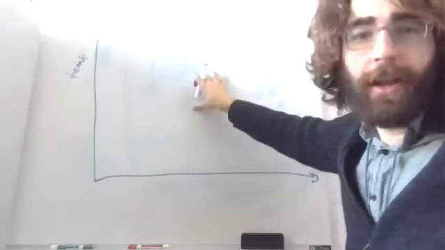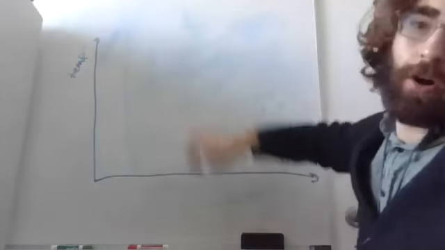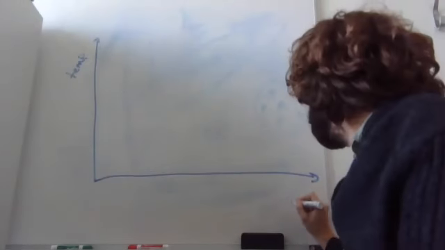So let's get into it. So our axes are the same, right? So we have temperature on our y, and our x-axis is composition.